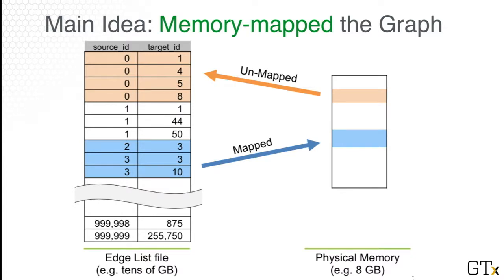So can we use automatic memory management techniques to automatically determine which part of this edge list is needed during computation, and have that part automatically be mapped or loaded into the physical memory, which could be about 8 gigabytes for a commodity machine? And similarly, can we automatically unmap or unload data that is no longer needed? This is actually very similar to what other approaches like GraphChi or TurboGraph were doing, but instead they were doing this manually.